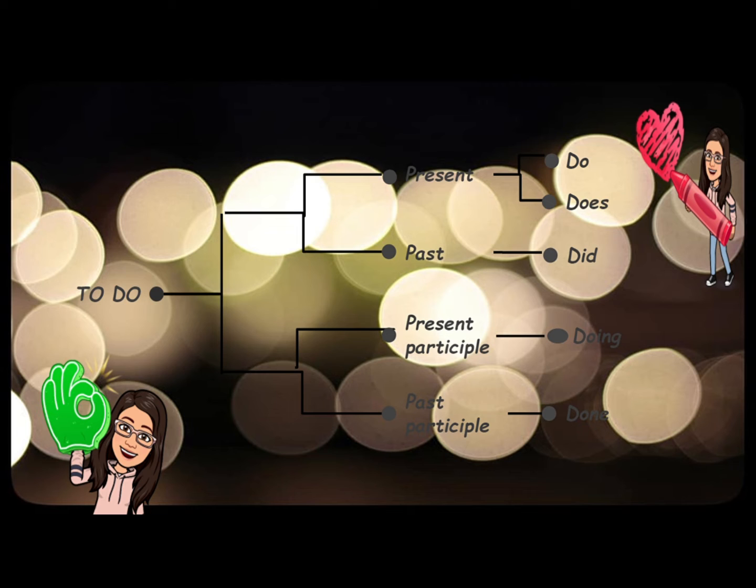In the present, we have two forms, do and does. We use the form does for the third person singular, he, she, and it, and do for any other subject. In the past, we have only one form, did. The present participle of the verb to do is doing, and the past participle is done.